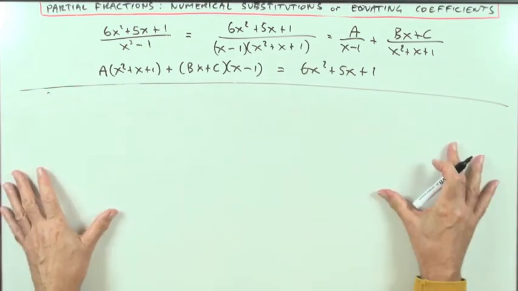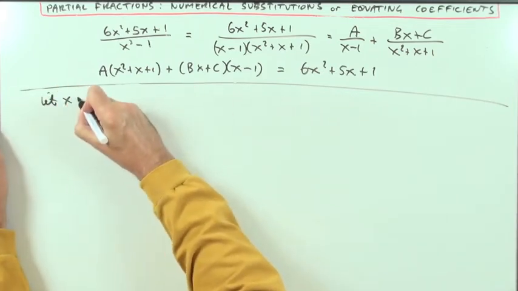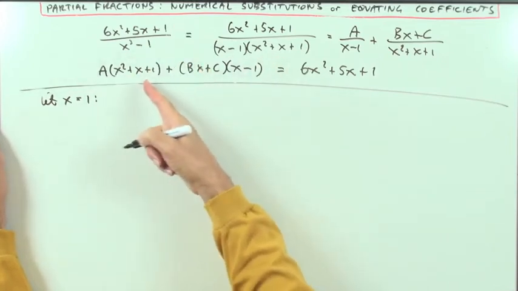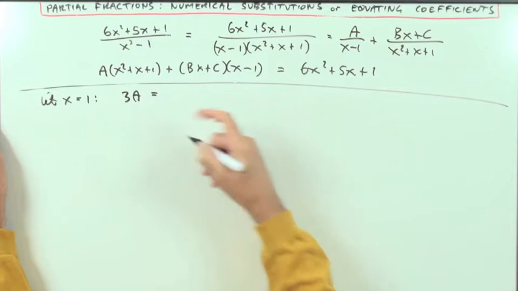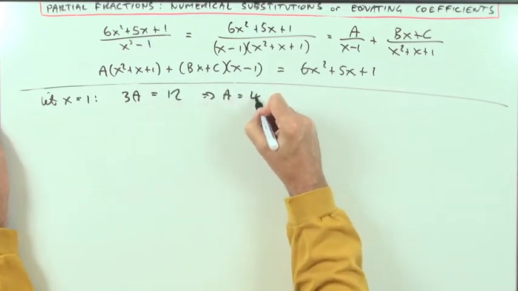So the suggested method for this one would be, I think first of all I'd start with let x equals 1, because immediately that's going to knock that out, and so same as before I've got 3a equals, and if that's equal to 1 that's going to be 12, so I've got that a equals 4.